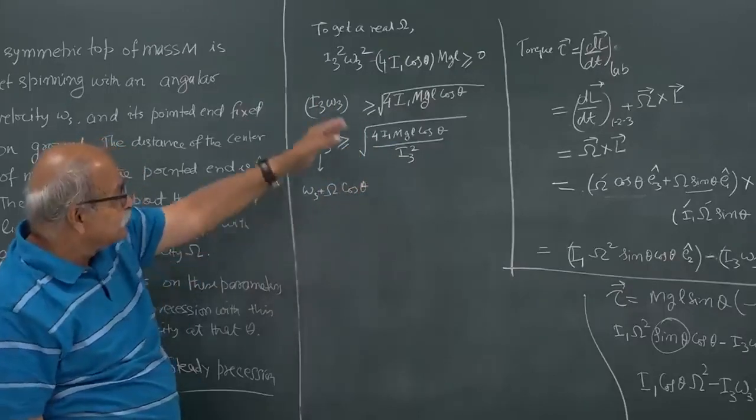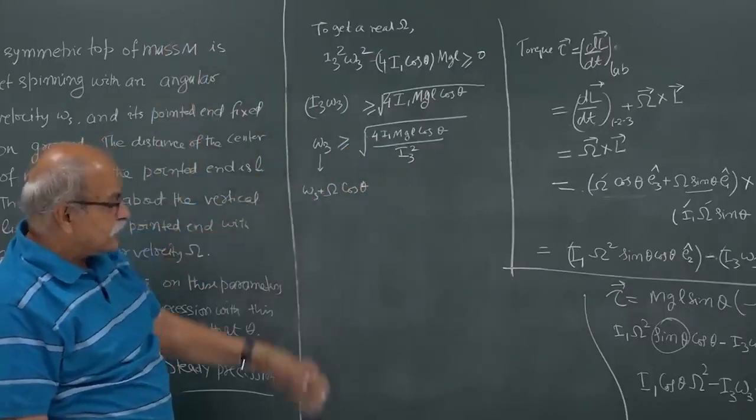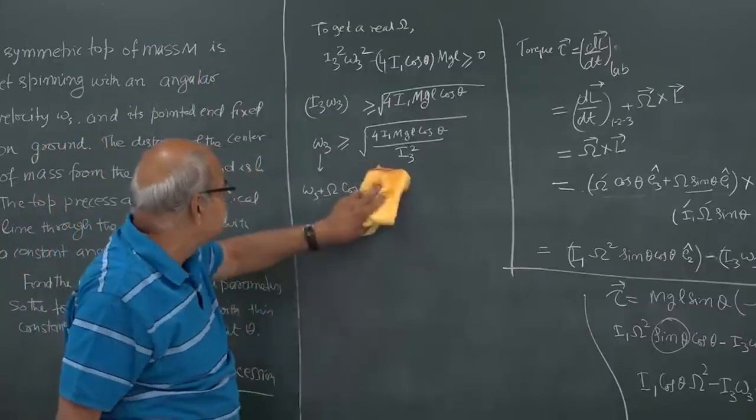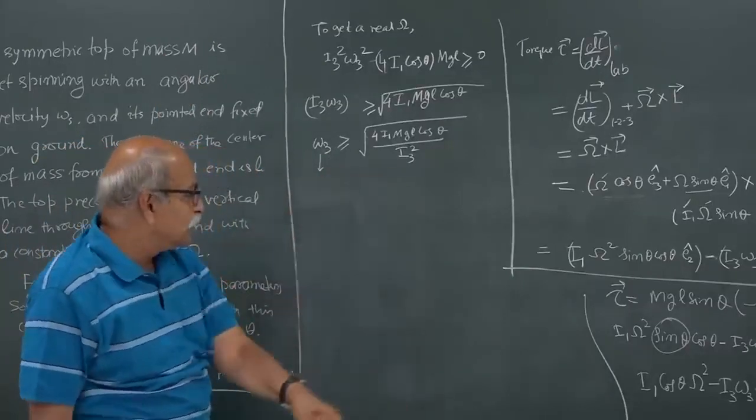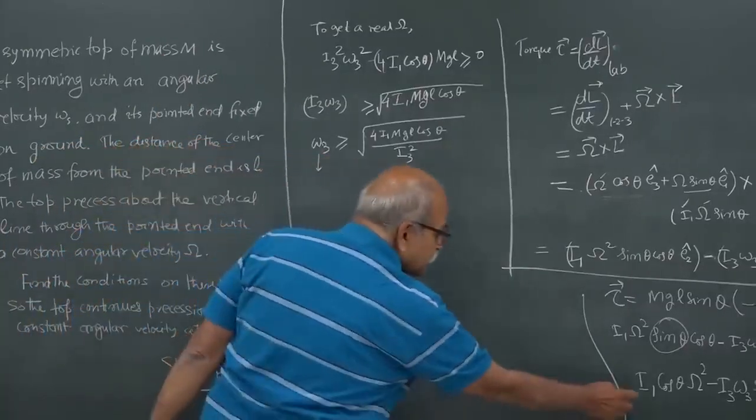Okay. And if the steady precession is there, we can find the value of this capital Omega from this quadratic equation.